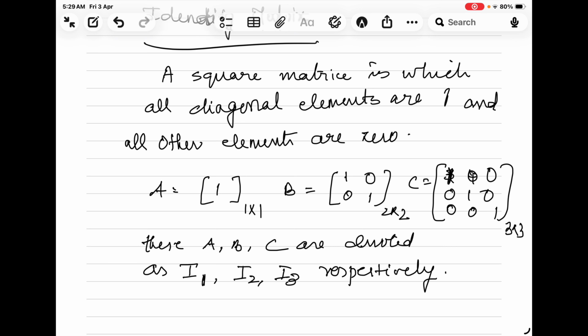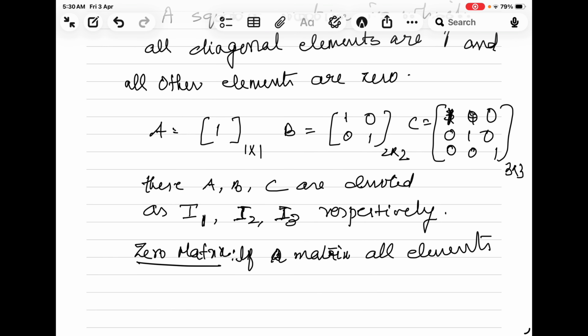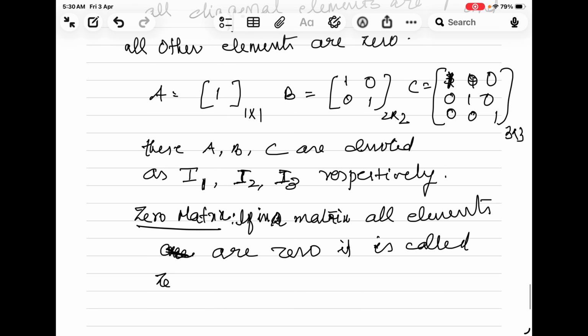I1 means identity matrix of order 1, I2 means identity matrix of order 2, and I3 is identity matrix of order 3. Zero matrix: if in a matrix all elements are 0, it is called zero matrix.